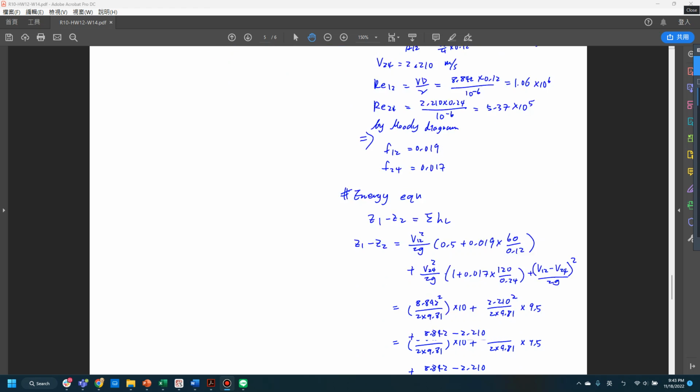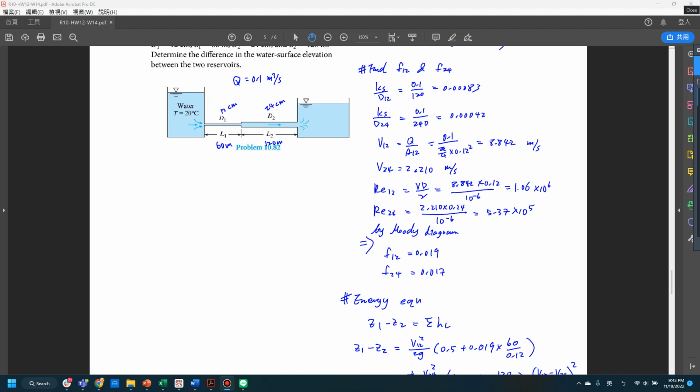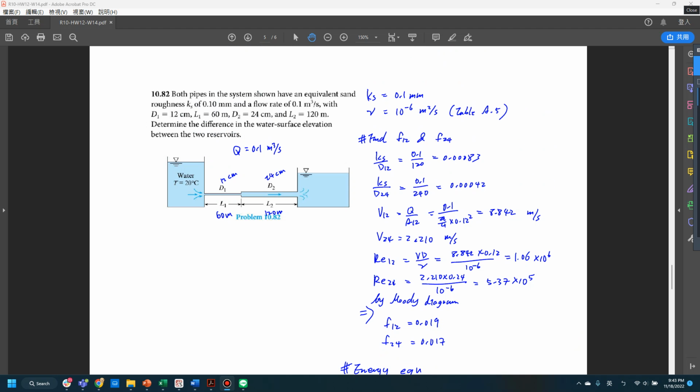So we actually need to calculate the total head losses that we have during the transportation in pipe 1 and pipe 2. Until then, we will need to calculate this friction factor F for pipe 1 and pipe 2, because friction head losses happen in these two pipelines.